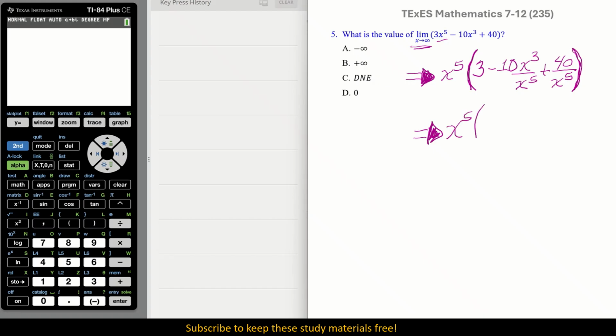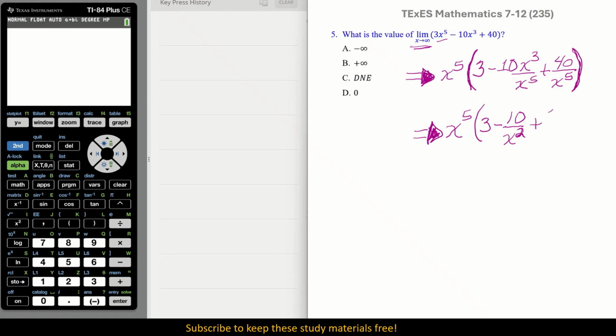So to the 5th. So now I have 3. Let me write this a little bit better. As I've said, I'm not the best with this pen, but at least I get my point across. So I have x to the 5th in parentheses 3 minus, we're going to use the laws of exponents, and that gives me x squared in the denominator. 3 minus 5 is a negative 2, which means my x squared must stay in the denominator.